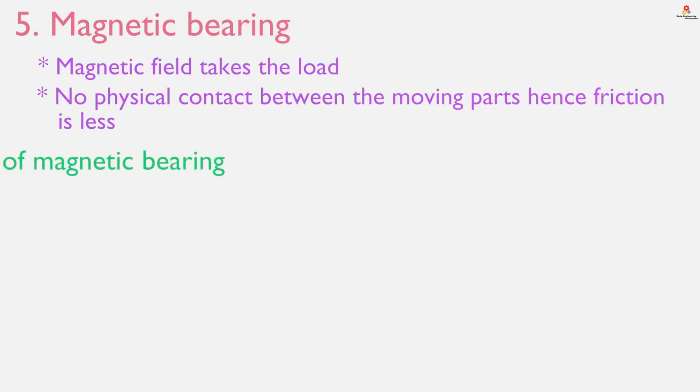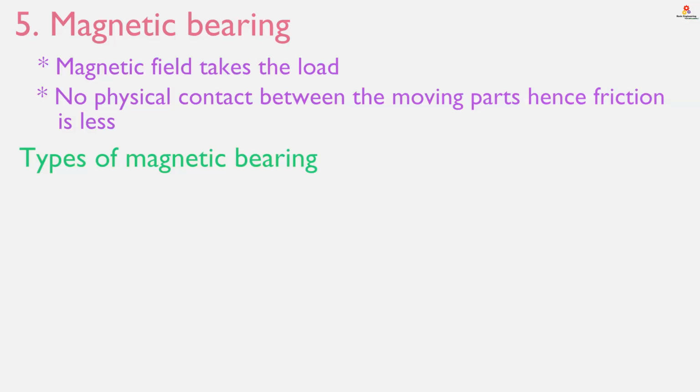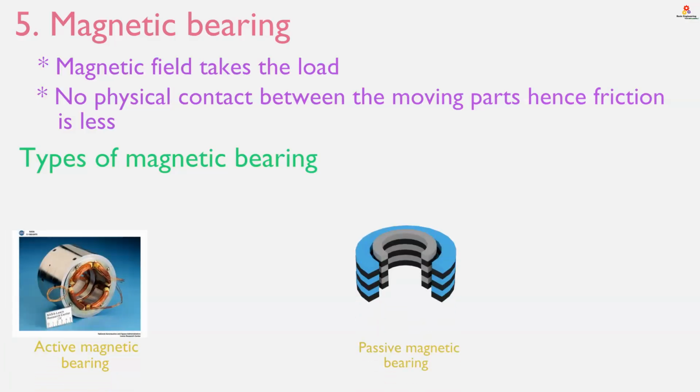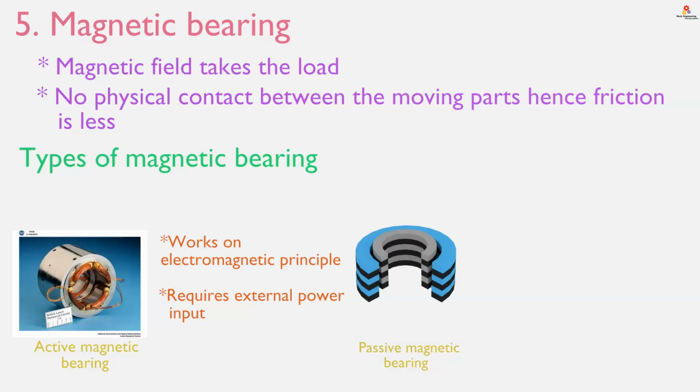Magnetic bearings are subdivided into two types, that is active and passive magnetic bearings. The active bearings work on the electromagnetic principle. Hence, these require external power input. But in the case of passive magnetic bearings, we use permanent magnets, so they don't require any external input.